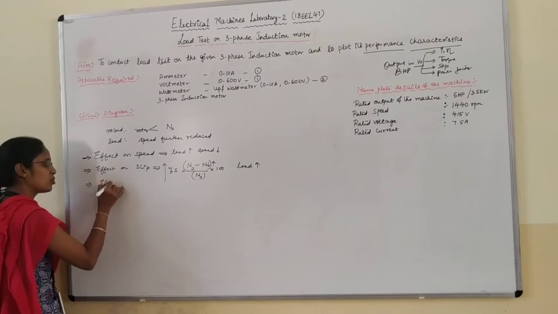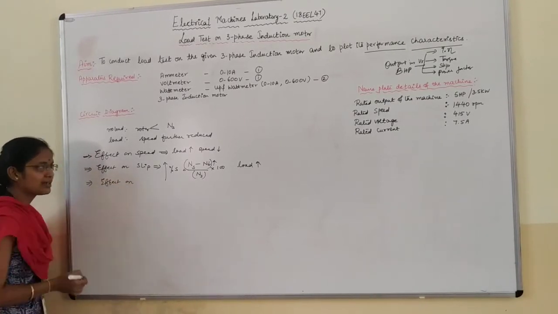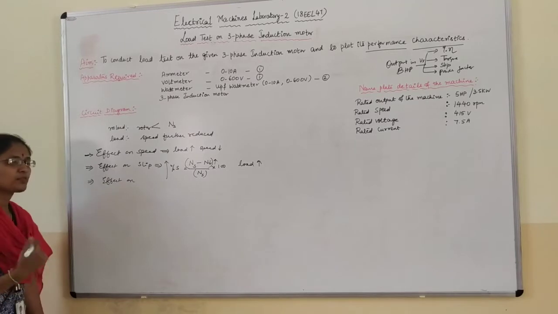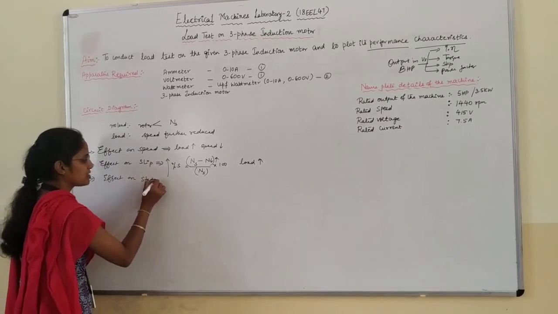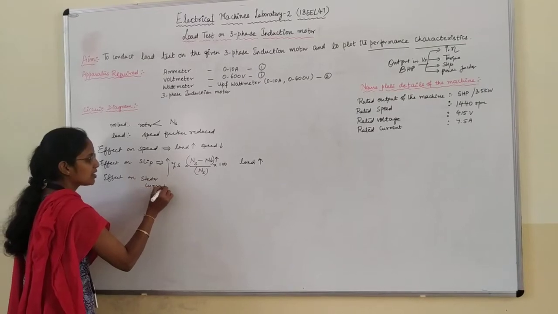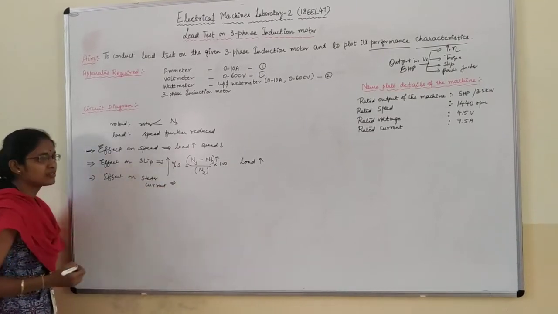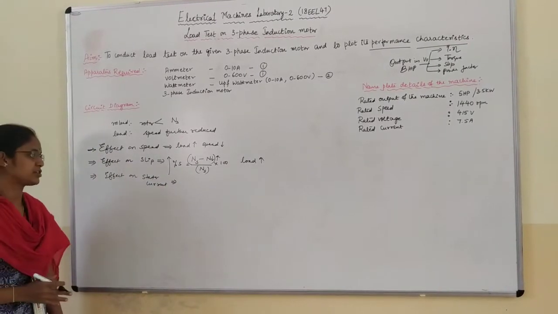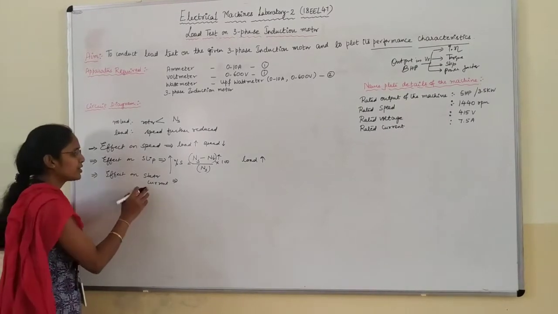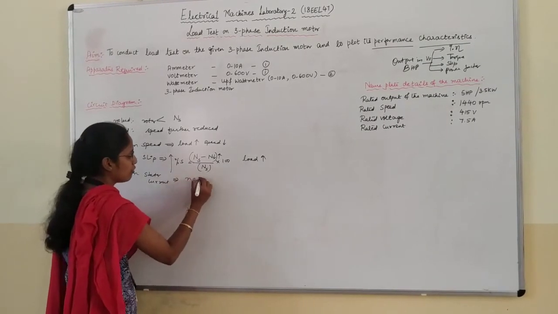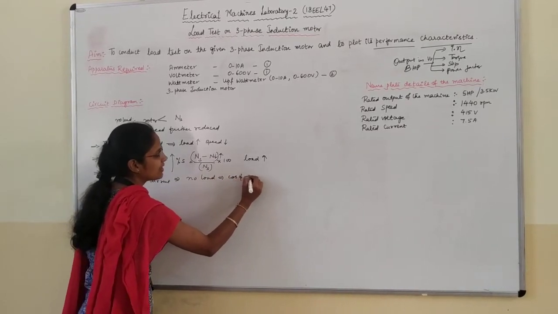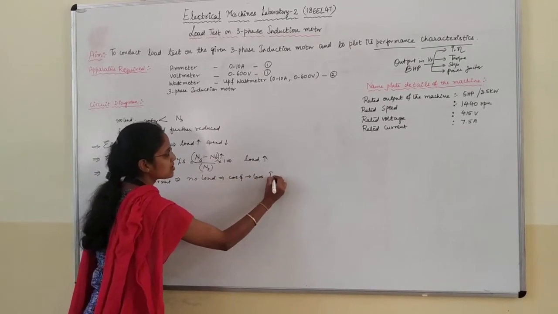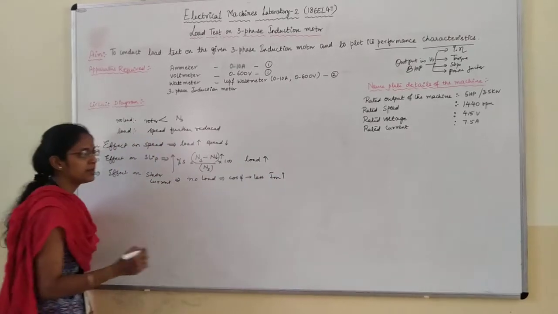Similarly, there is one more effect, that is the effect on the power factor. Before that, we should know the effect on the stator current, because the current usually decides the nature of the power factor. On no load, the power factor value will be very low. Why? Because the magnetizing current value will be high.